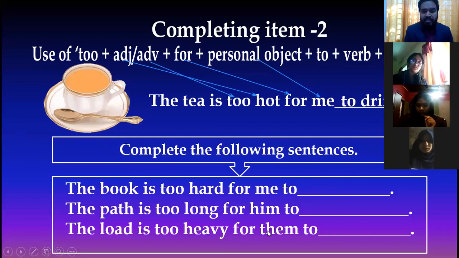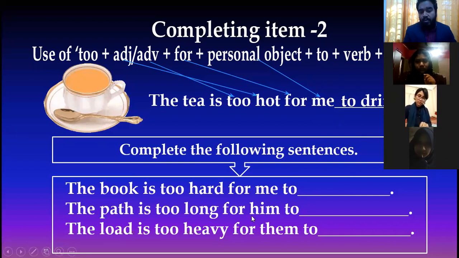But here the to is given, it may not be given. The path is too long for him to go, reach. The path is too long for him to reach.